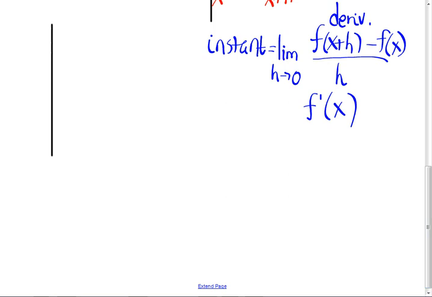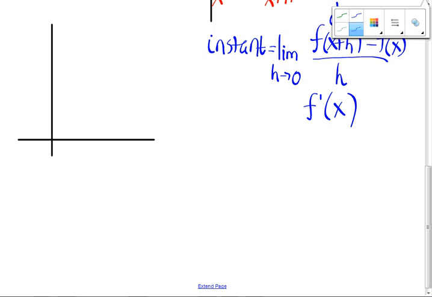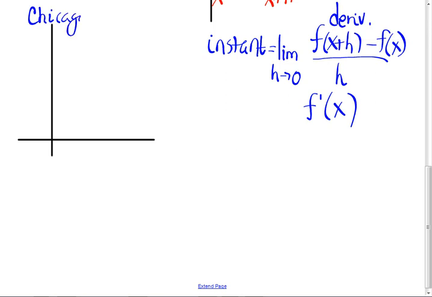Okay, I'm going to do a position time graph. And we're going to go to Chicago. If you live on the East Coast, you find everything's close. If you live in the Midwest, you got to go a long ways to get any place. So Chicago, we're going to start here. Here's our time.